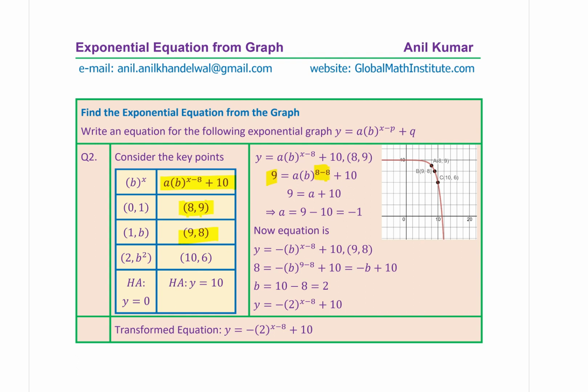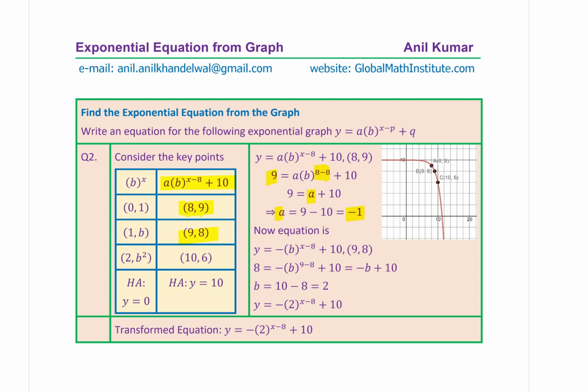Now 8 minus 8 is 0, and therefore b to the power of 0 will be 1, and we get the term a here. So 9 is equal to a plus 10. Rearranging, we get a as 9 minus 10 or minus 1. As expected, the value of a was negative since the graph has been reflected on the x-axis.